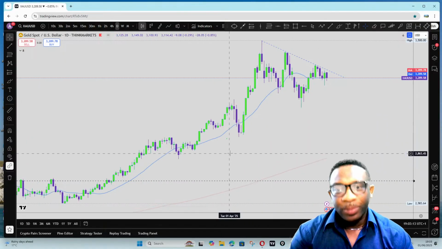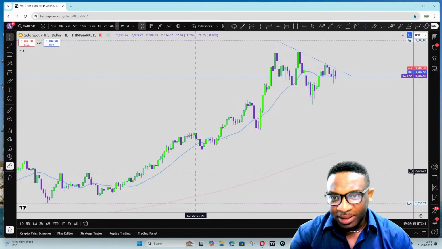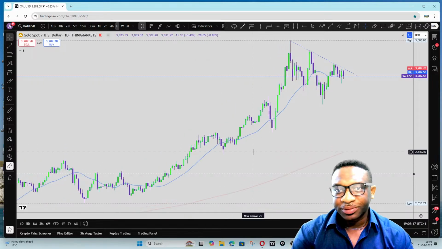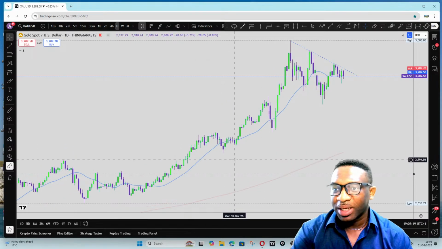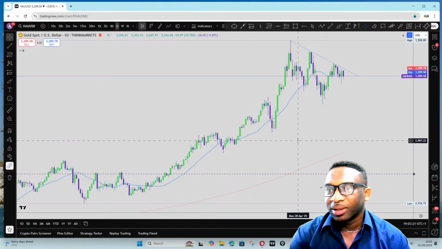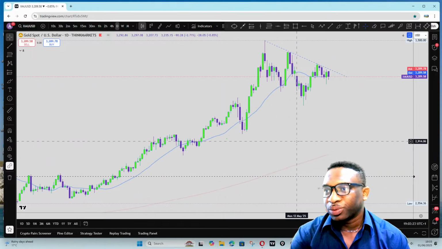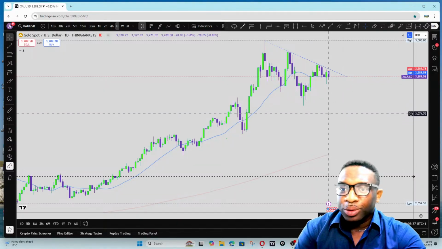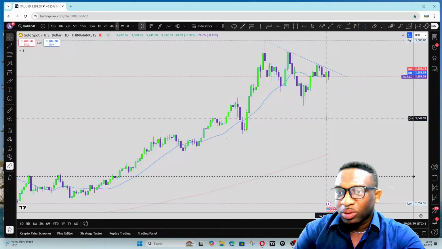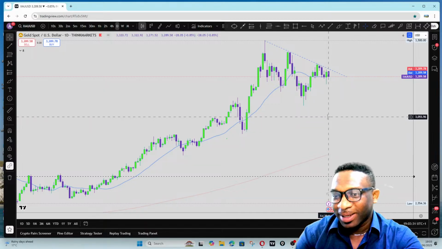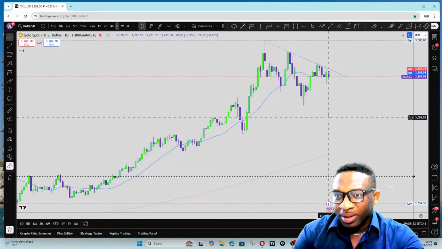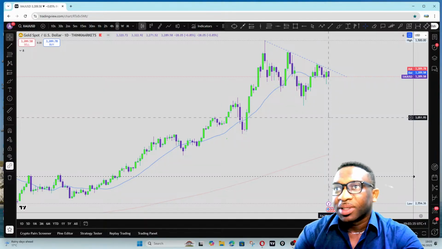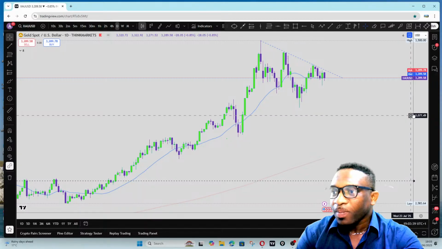So I always want to have my chart as clean as possible, because the price action is what we need to make the decisions that we need to make when we are trading. So no need to make it more complicated than it is. It's better to keep it as simple as you can when you are trading.